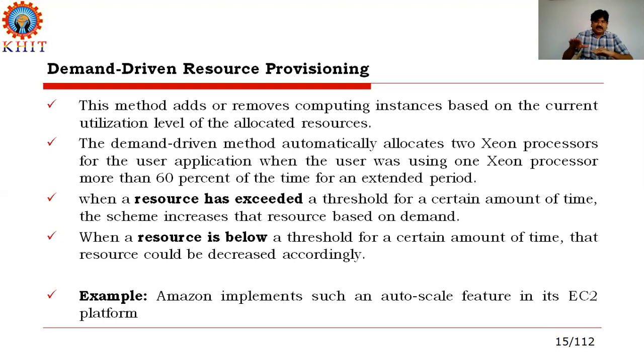If the demand is more than the threshold value, we need to increase the resources. If the demand is below the threshold value, we need to decrease the resources. Here, the threshold value is considered as 60 percent utilization of the resources. Whenever utilization is more than the threshold value, the resources are automatically increased. Otherwise, the resources stay below it.